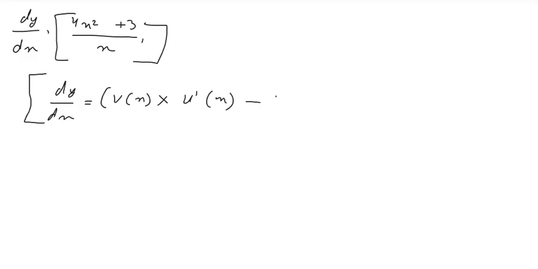minus u of x in multiplication with v dash, the first derivative of v of x, whole division with v of x square.